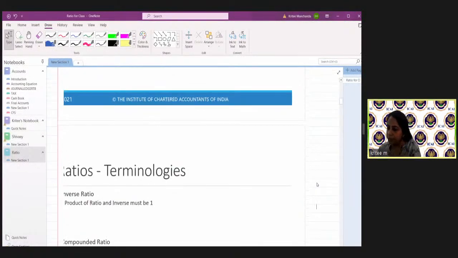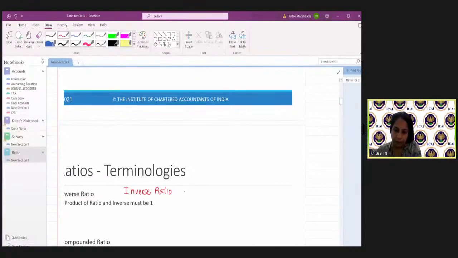From here, we move further. We have certain terminologies that we use for ratios. The first term that we are using here is inverse ratio. Inverse ratio, as the name says, is the inverse or reverse or reciprocal of a particular number. Why are we calling it reciprocal?